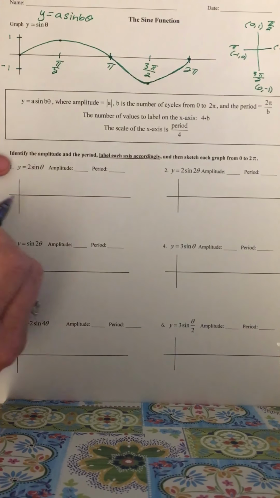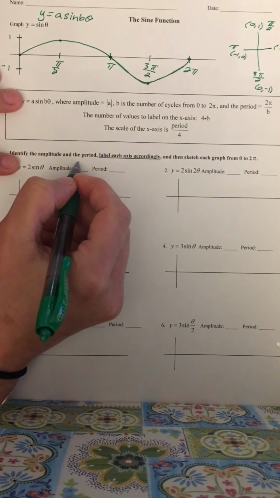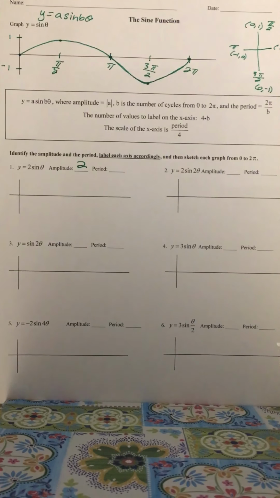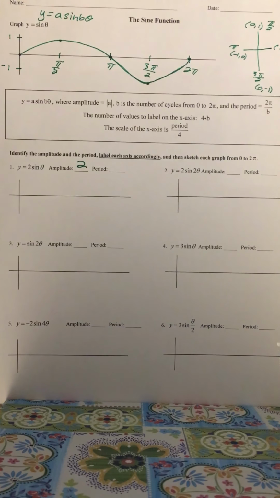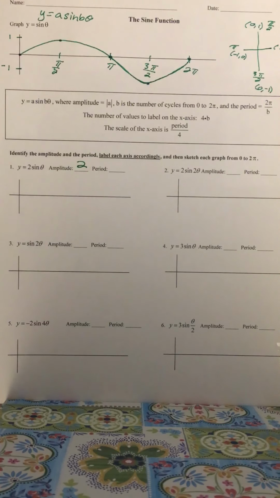Now, on number 1, remember the amplitude is your A, so here your amplitude is 2. And to find your period, it's just 2 pi divided by b. The period is the horizontal distance it takes to complete one full cycle.